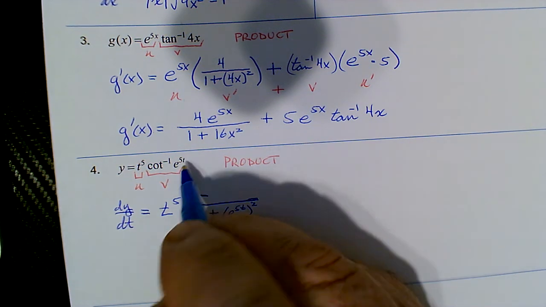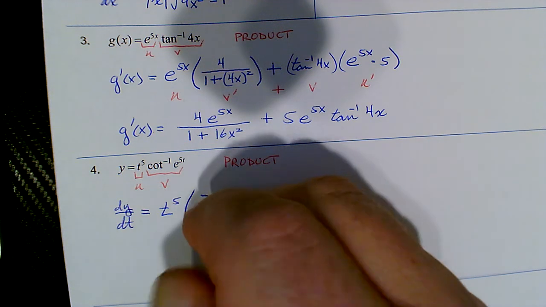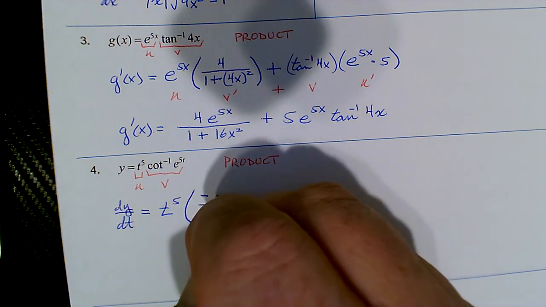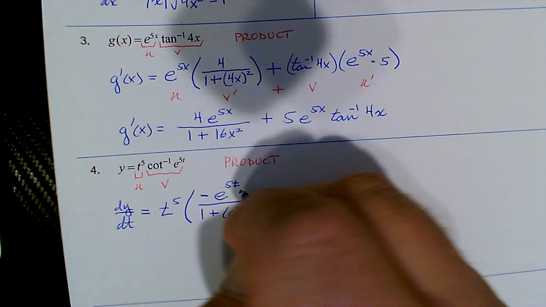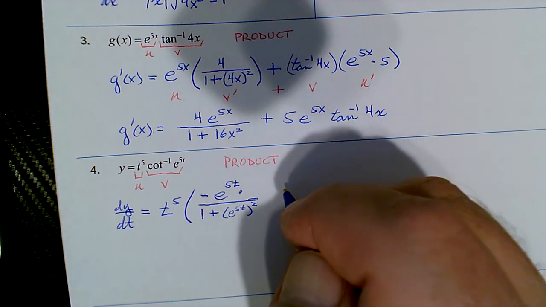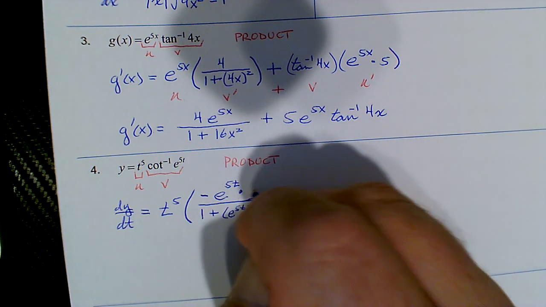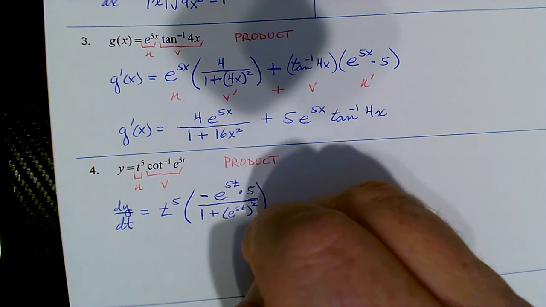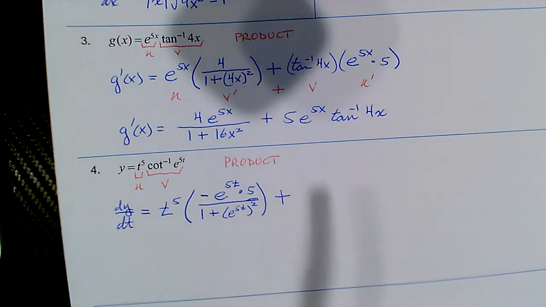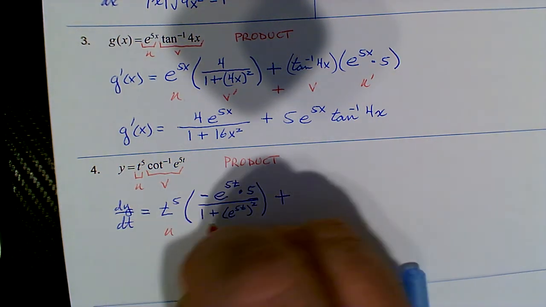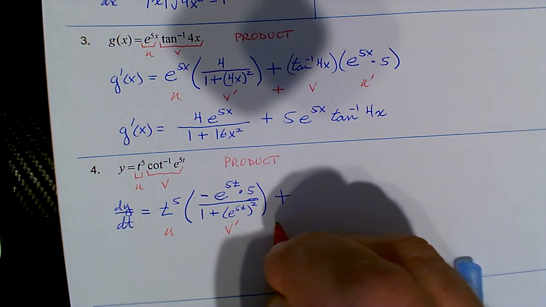And so now we're differentiating e to the 5t. That's our formula for e to the u, which we repeat, e to the 5t, but then don't forget times the derivative of the power. And differentiating 5t, we get 5. Alright, that's just the first part of the product rule. That is, here's our u, and then all of this represents v prime.